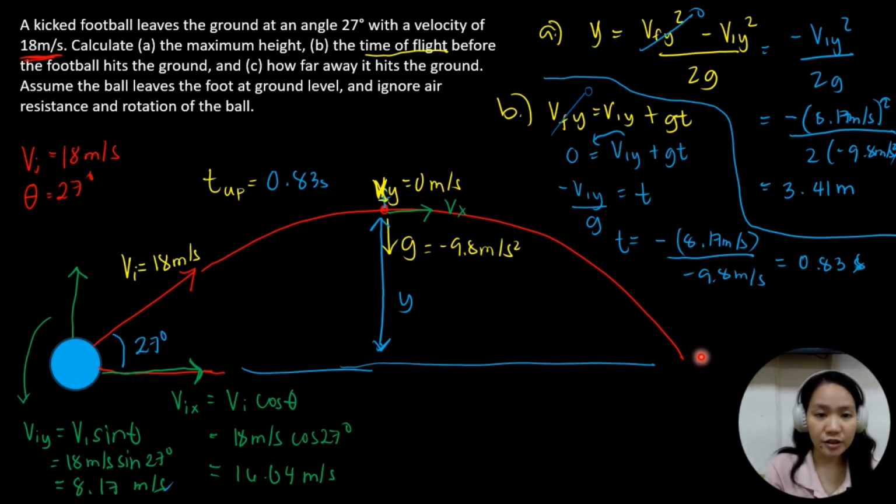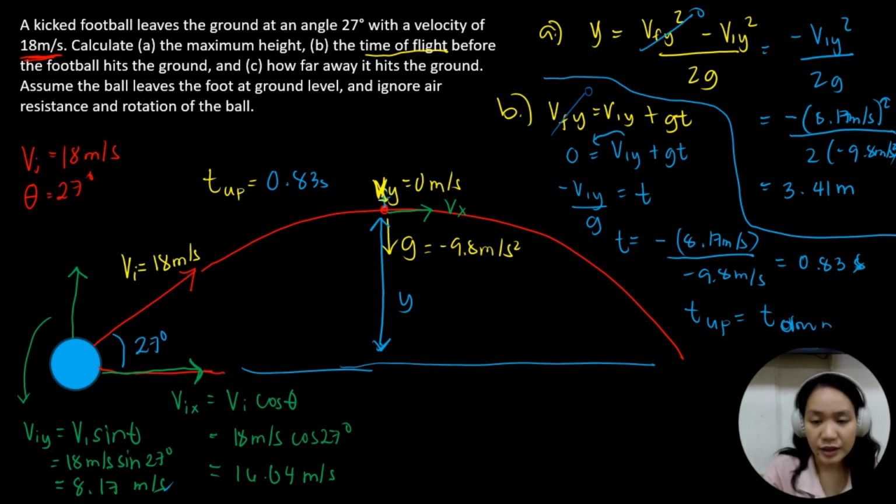When we say symmetrical, one side of the trajectory is the exact mirror of the other side. If there are no external factors affecting its motion, we could say that the time we've calculated going up is also equal to the time going down.